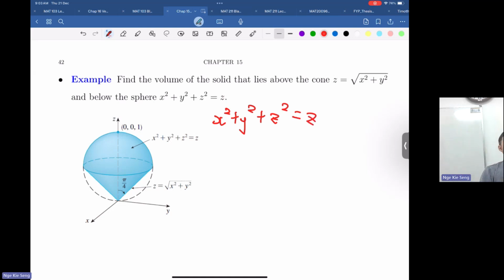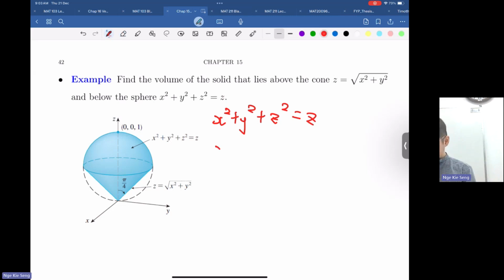Okay, so you need to find the center of the sphere first. If I throw away the z squared, it is like a circle. So you need to try and factorize it into squares of the coordinates. So what do I mean by that?